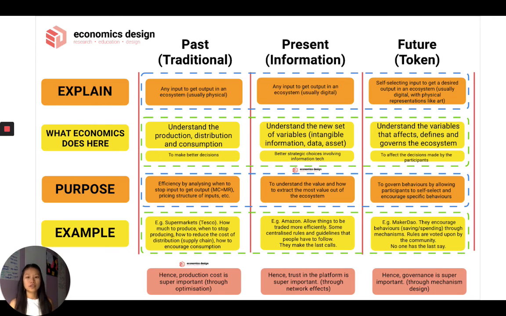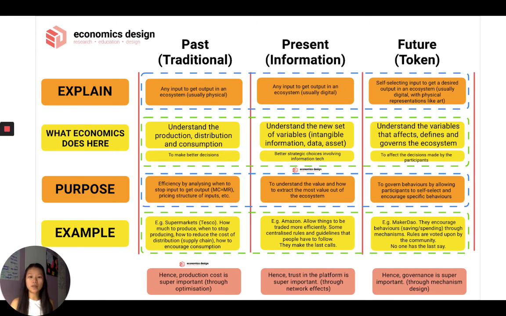The purpose. With traditional economics, the purpose is to analyze when to stop your input to get the output, which is when to stop producing when the cost is going to be more than the revenue. And then from there you can get your pricing structure.